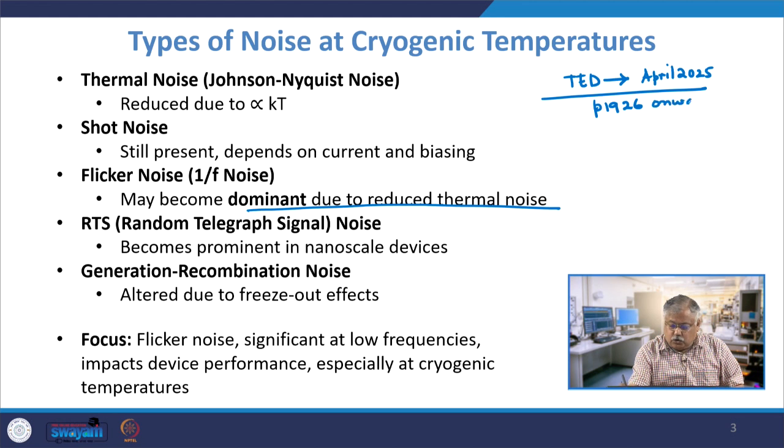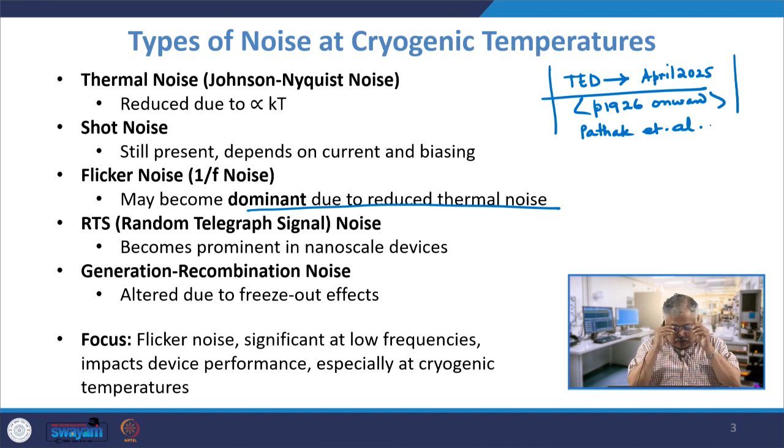Those who are interested can have a look at this paper, and the first author is Pathak et al, right. It gives you a good idea about the initial setup. In fact, it gives you a measurement technique also for the flicker noise.